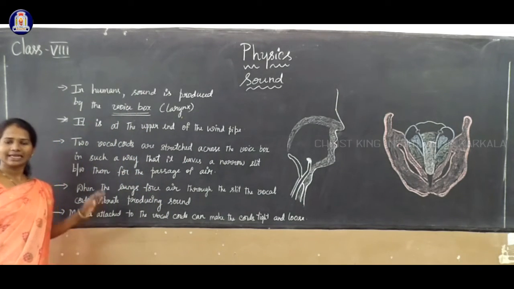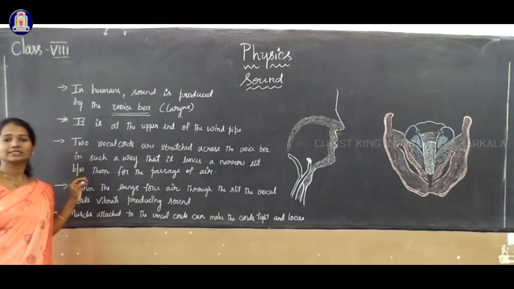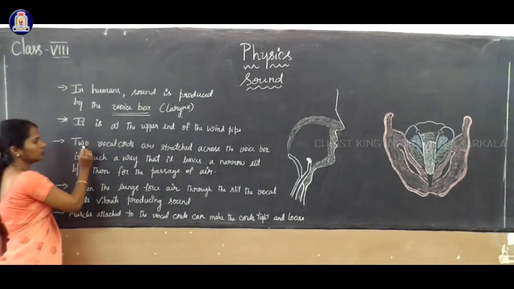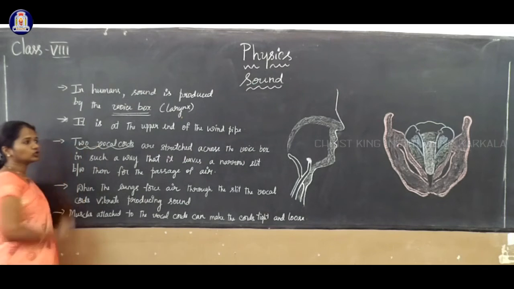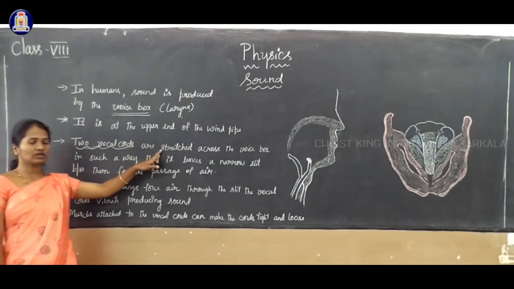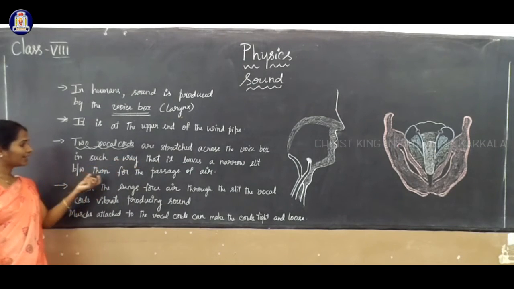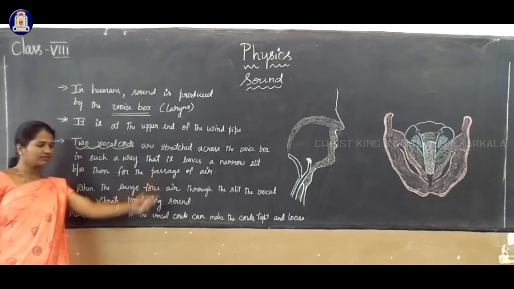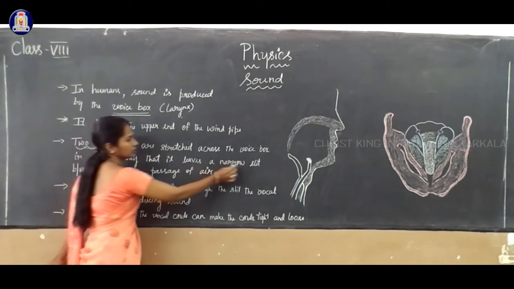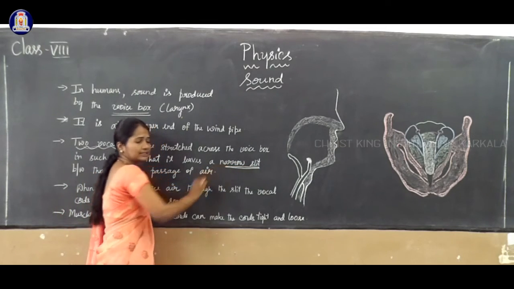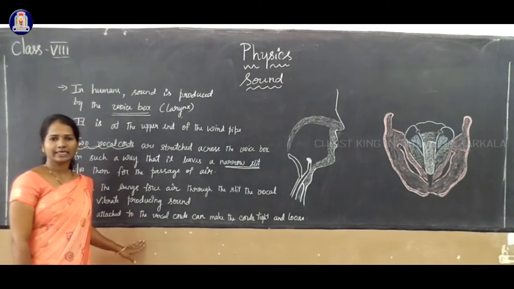The larynx, or sound box, has two membranes called vocal cords. Two vocal cords are stretched across the voice box for the passage of air. Because of that, they leave a small slit, a small gap.